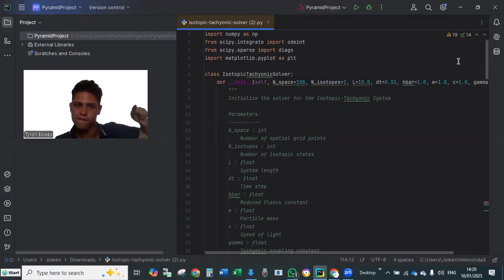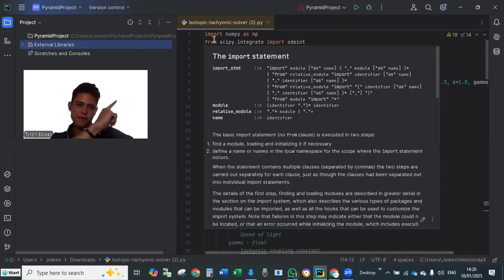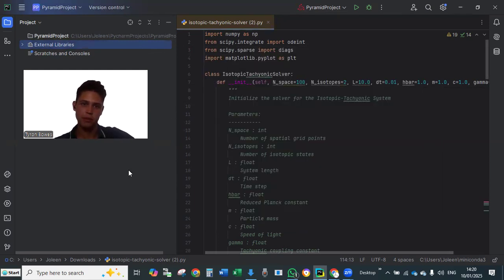You can't really see the code. Okay, so here we go. Oh, this is the import statement. We don't need to see the import statement right now. Okay, so there we go. I'm going to do this.